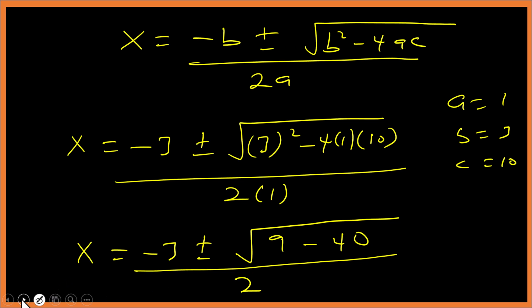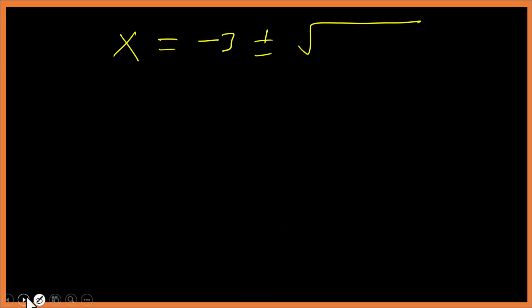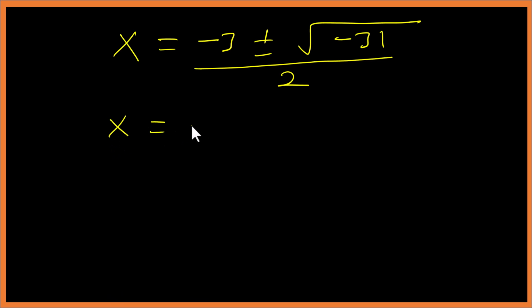So we have x equals minus 3 plus or minus the square root of 9 minus 40, which is minus 31, over 2. So x equals minus 3 plus or minus the square root of minus 31 over 2.